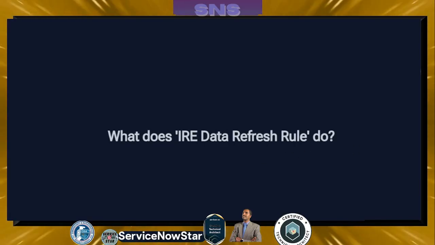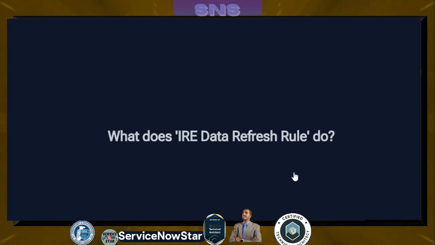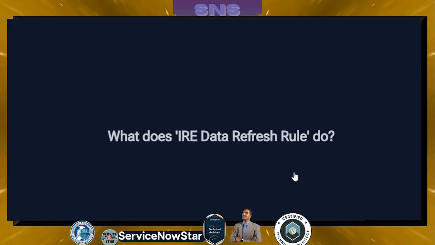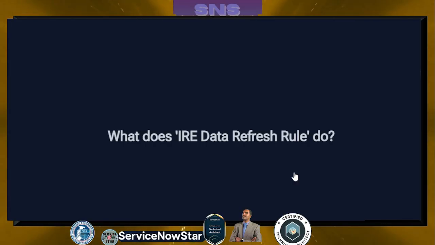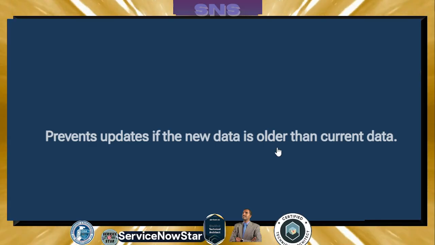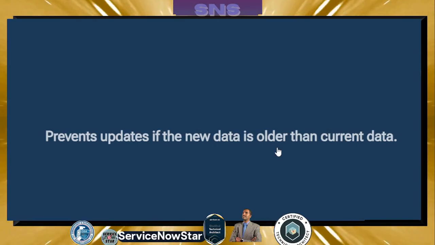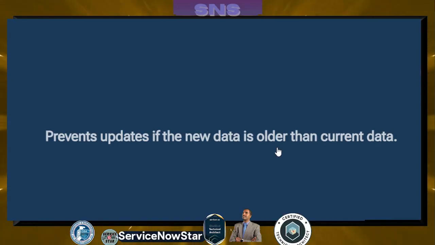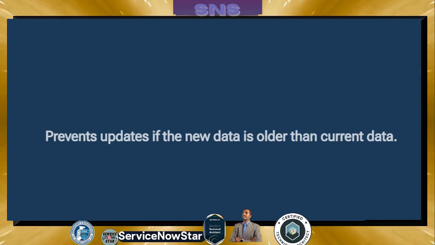Now, the sixth one right here is, what does IRE data refresh rule do? It really prevents update if any data is older than the current. So that's the main thing. Make sense?